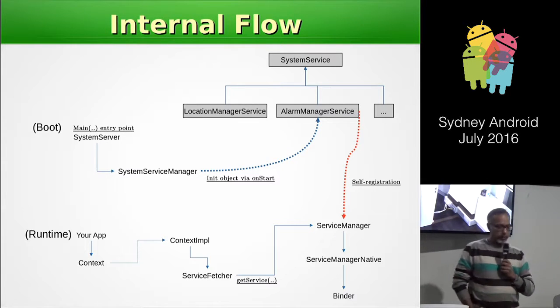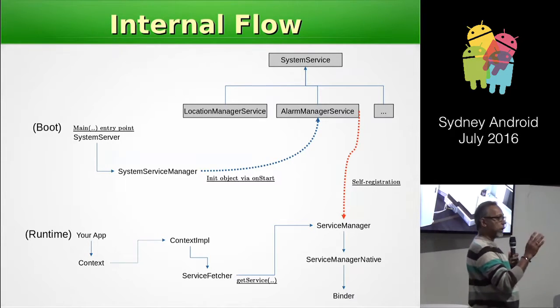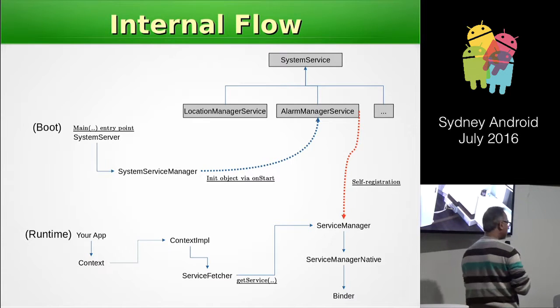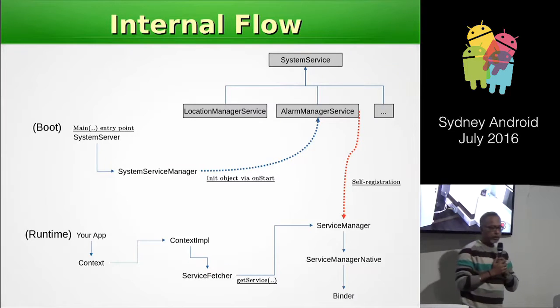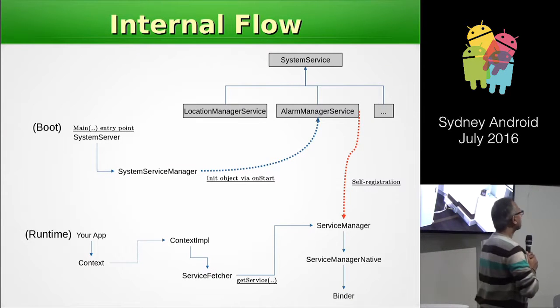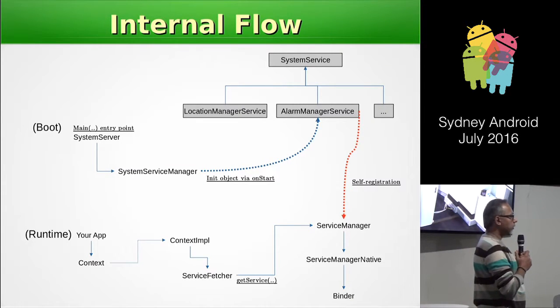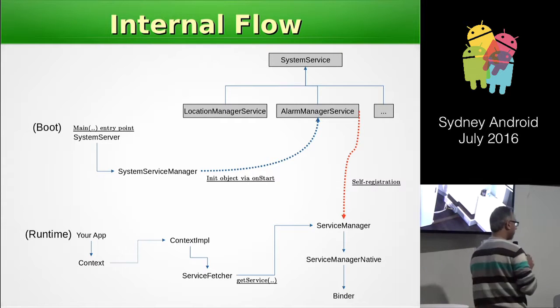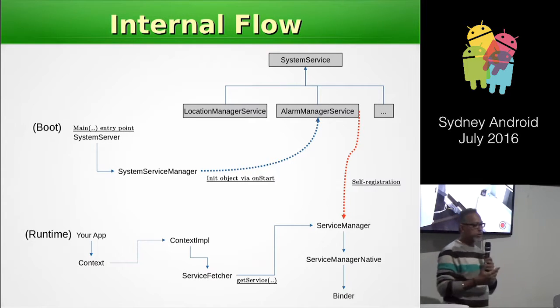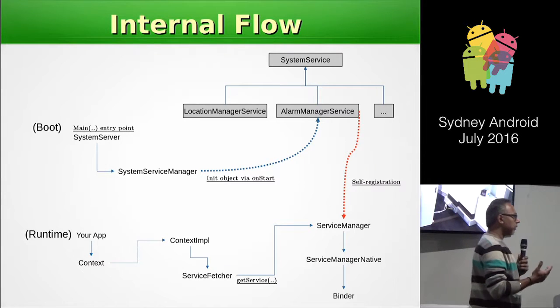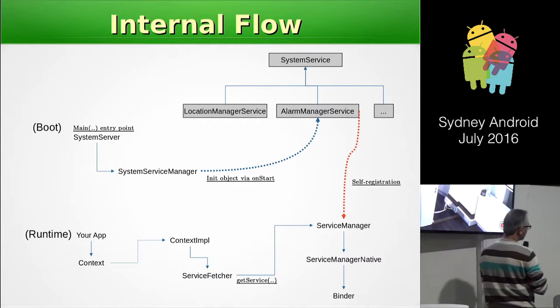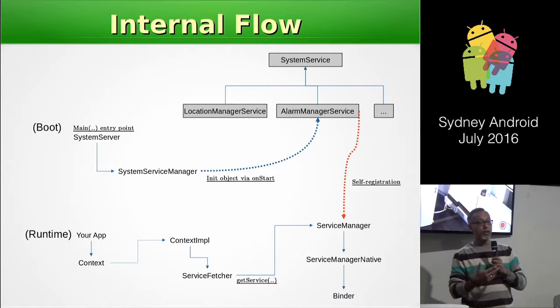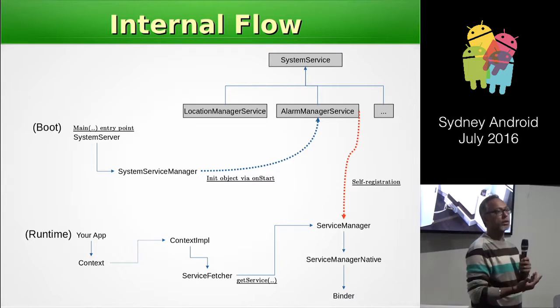If this is too complicated, or if I'm not making sense, bear with me for a second, because I'm going to go through at a high level what's going on inside Android itself. There are two parts to how these services work internally inside Android. The reason I want to show this to you is that it's always interesting to know what's going on underneath instead of just knowing how to use it.